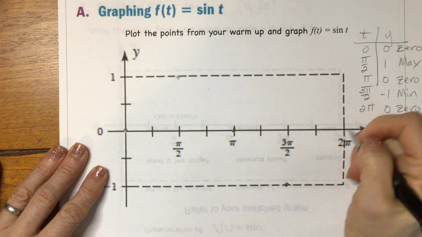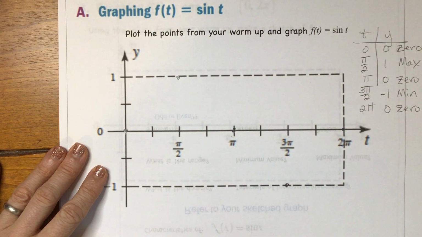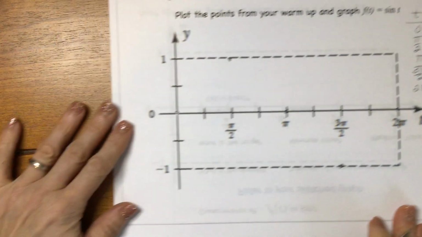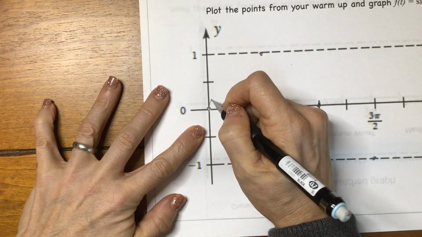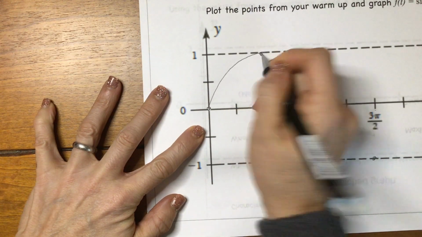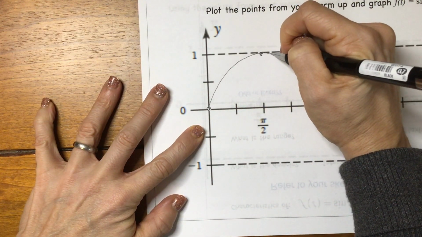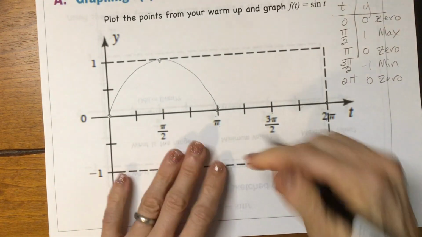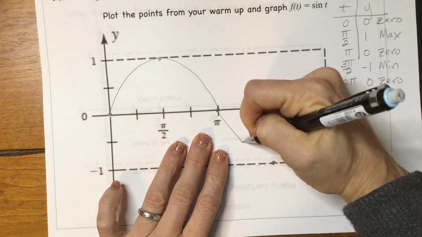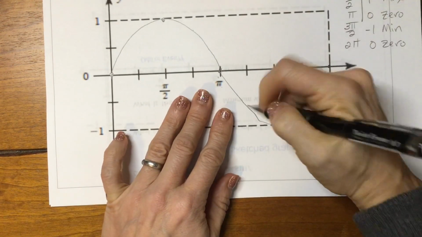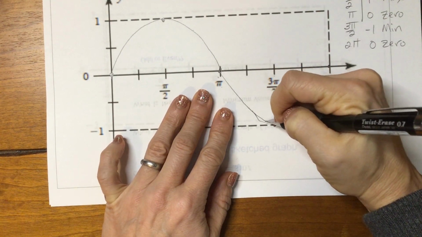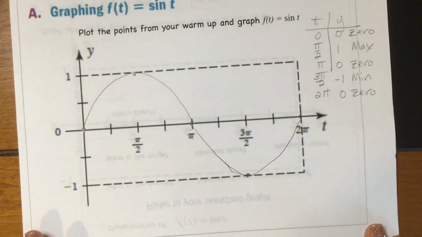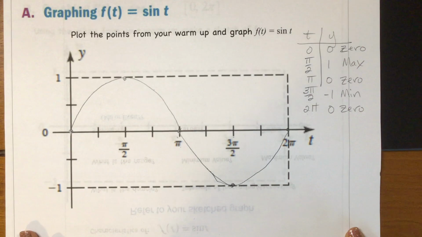And then at 2 pi, we're back up at 0. Then our final step is to go through and sketch in a nice curve. So we come through our max, we come down through our 0, go down to our minimum, and back up to 0, and we get a nice sine graph.